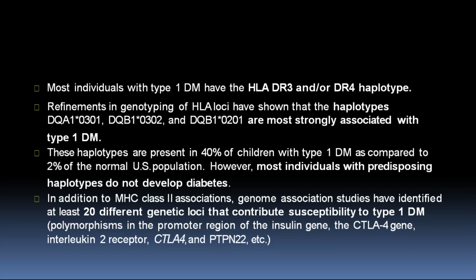Refinements in genotyping of HLA loci have shown that the DQA1*0301 haplotypes are most strongly associated with type 1 diabetes mellitus. These haplotypes are present in 40% of children with type 1 diabetes mellitus as compared to 2% of the normal US population. However, most individuals with predisposing haplotypes do not develop diabetes.